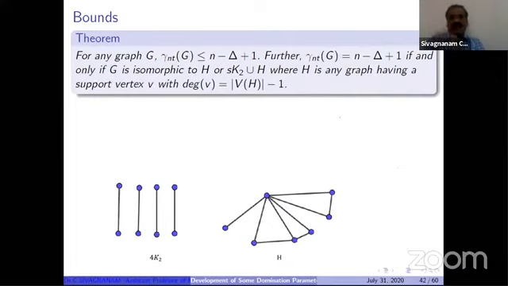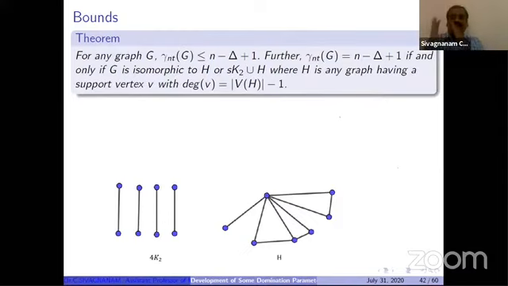What is H? I explained that. The graph is isomorphic to H or s times K2 union H, where H is any graph having a support vertex b with the degree of b equal to the order of H minus 1. So H contains a maximum degree vertex which is also a support vertex.